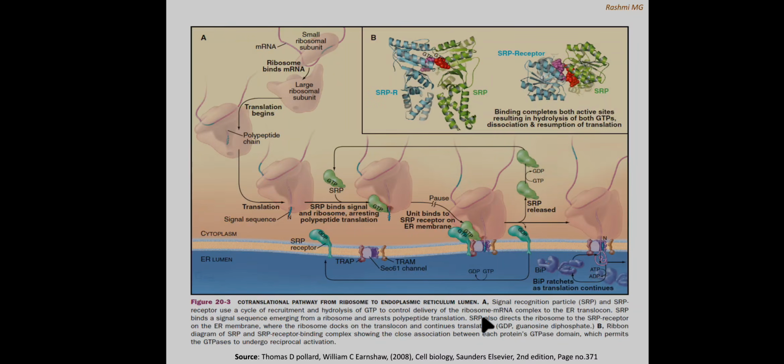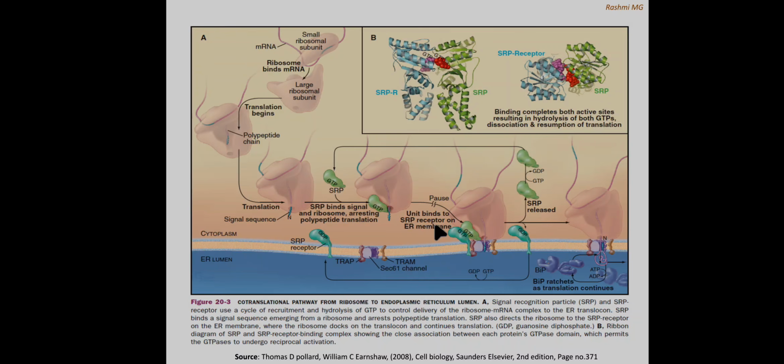The polypeptide chain elongates. Here you can see the small ribosomal subunit and large ribosomal subunit. The ribosome binds mRNA and translation begins. The polypeptide chain starts to be translated. There is a signal sequence. SRP binds the signal and the ribosome, arresting polypeptide translation. Then there is a pause here.